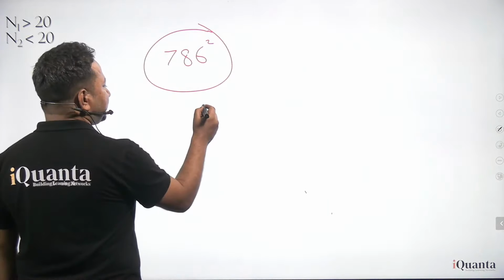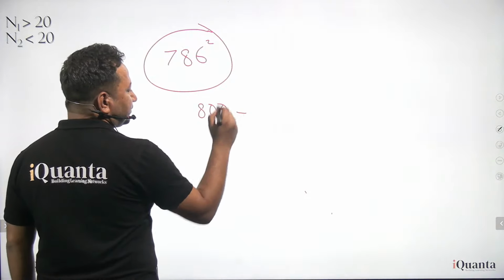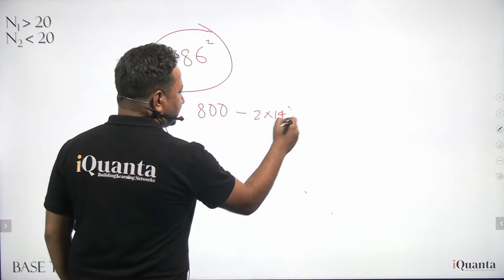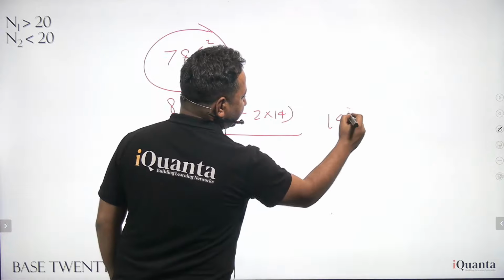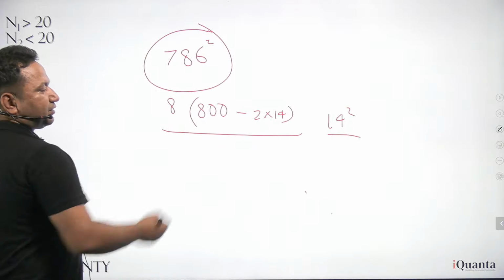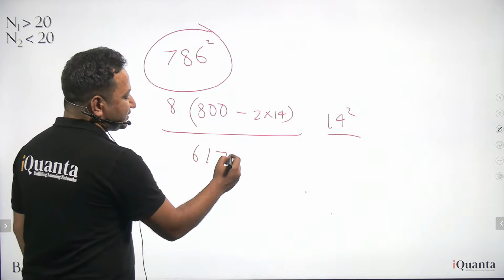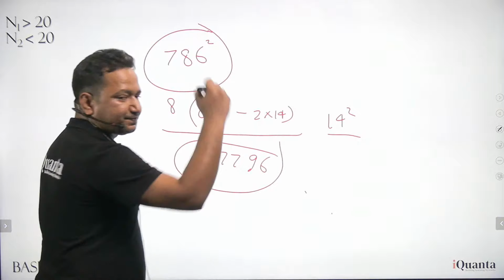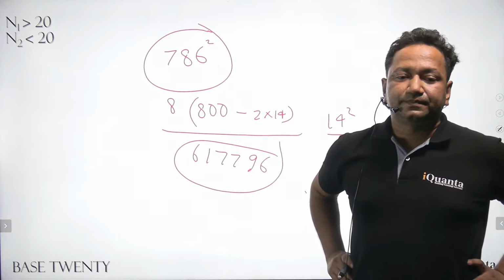So we'll just subtract 14 two times from this and then multiply this by 8, and here we have 14 square. So if you solve it, you'll get 617796. That is the correct answer. Very good.